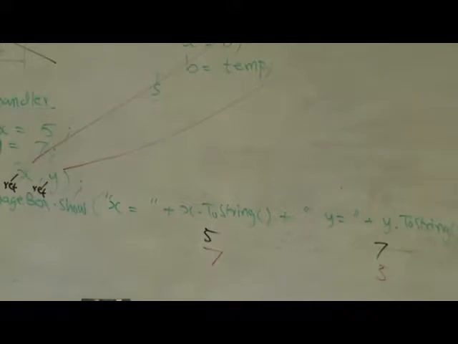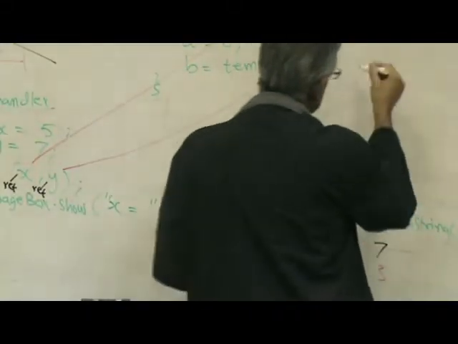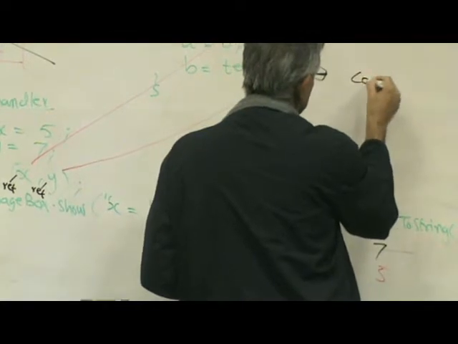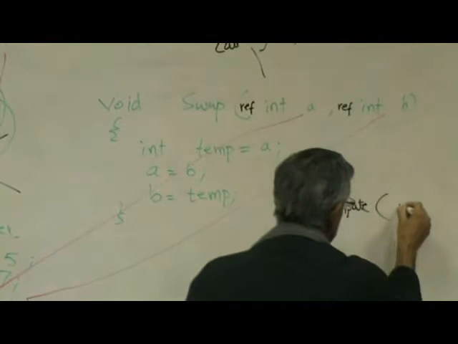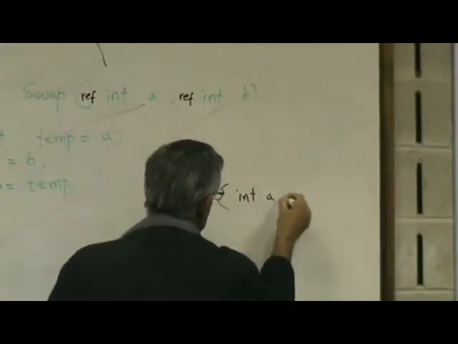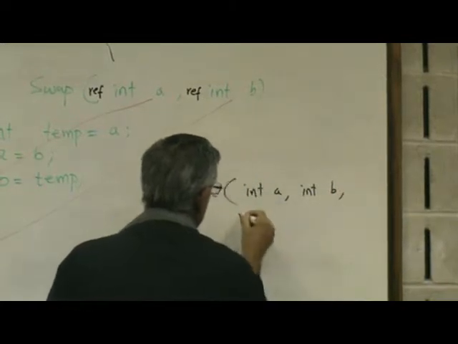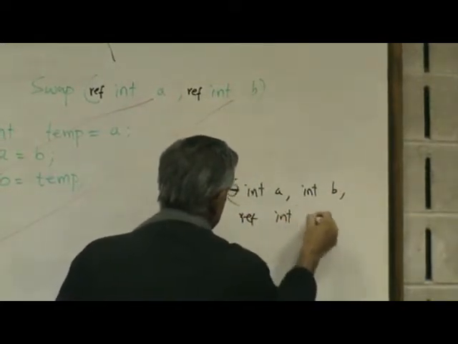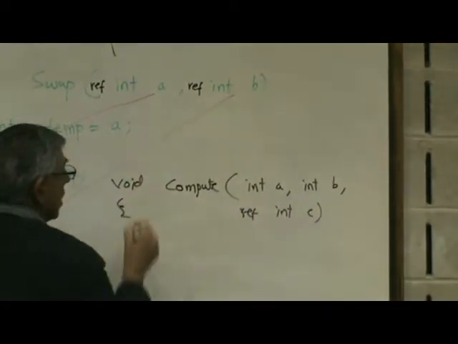Okay. So to give you another example, suppose I asked you to write this compute function, and it looks like this: int A, int B, ref int c, and void.